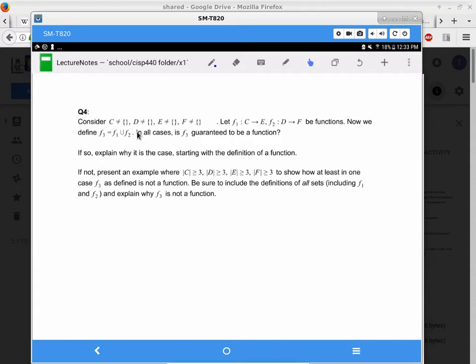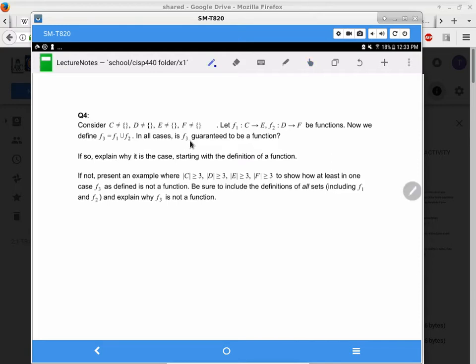There are no further restrictions on how C, D, E, F can relate to each other. They can all be the same, they can all be different. It doesn't matter. Okay, so I just need a single counterexample. So the answer is no. So you have to basically tell me a no at this point.